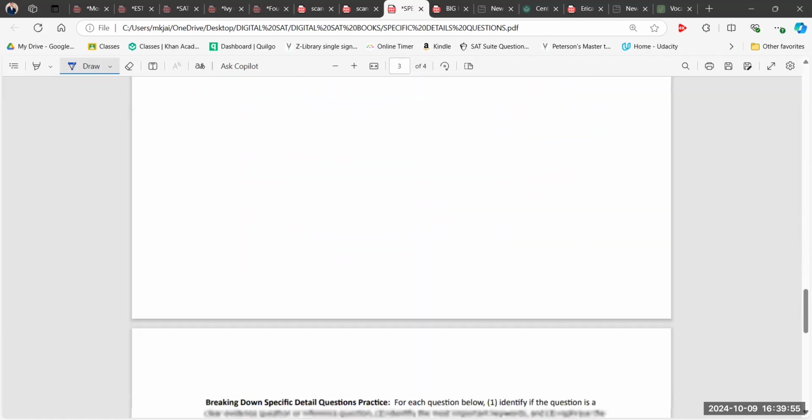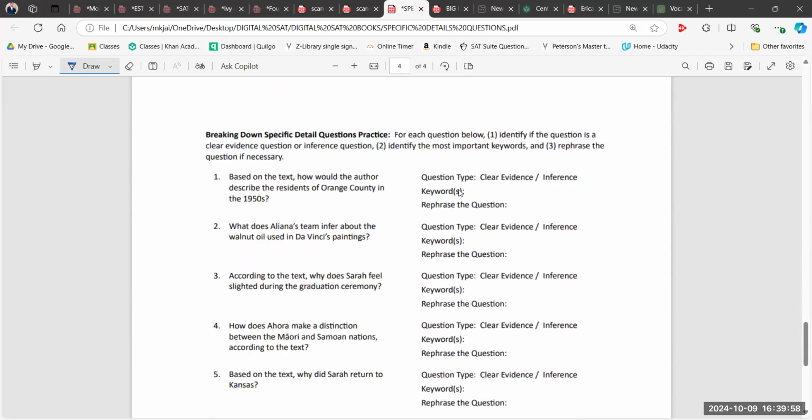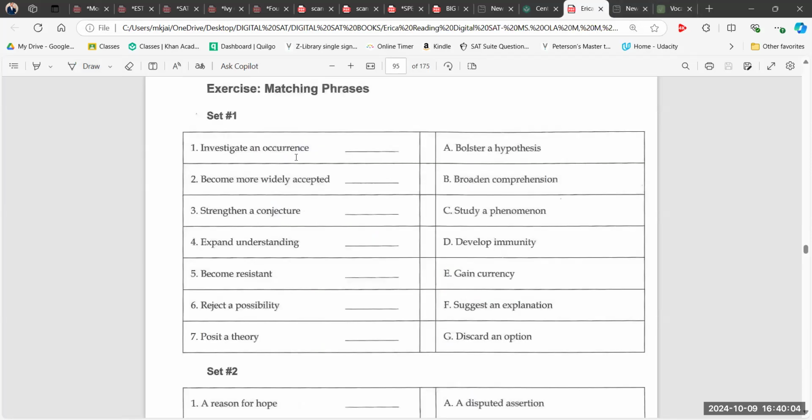Okay, so far so good. All right, before we start this one, I want you to think about matching phrases. Why? Because you will encounter this kind of literal comprehension. Sometimes the question itself has a word that you're not familiar with.